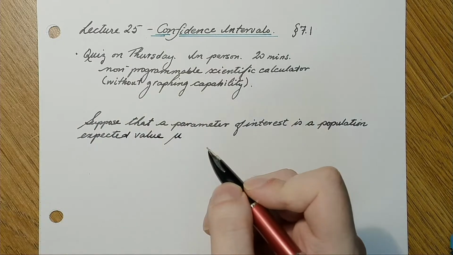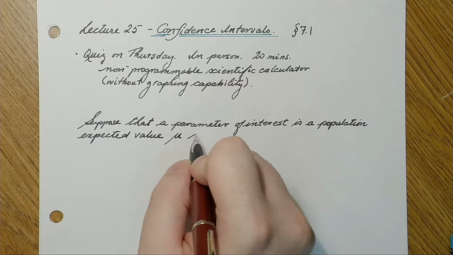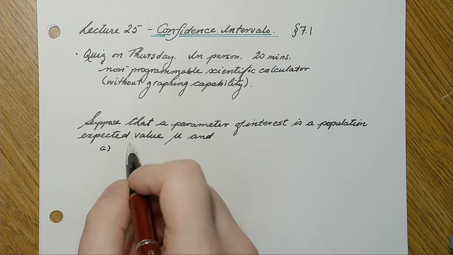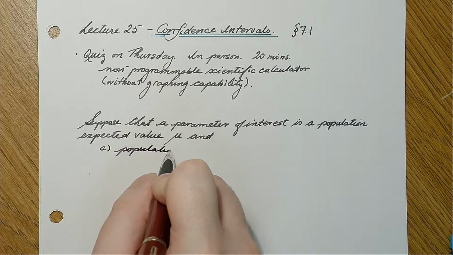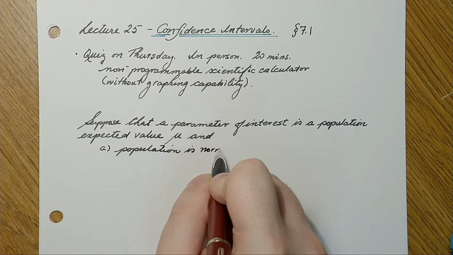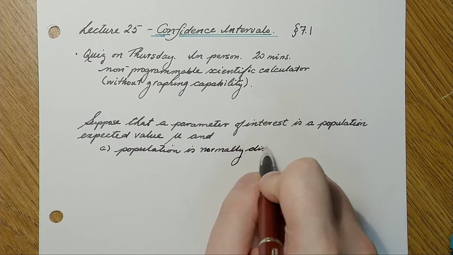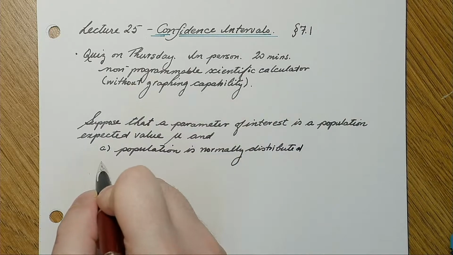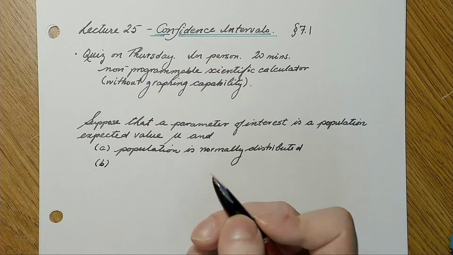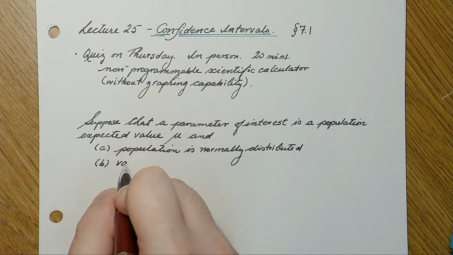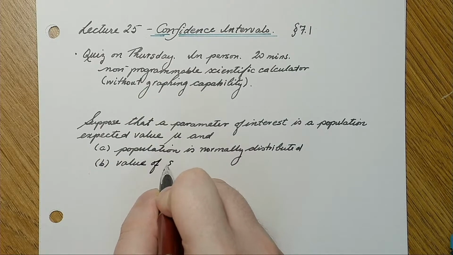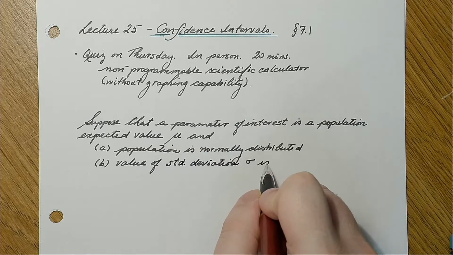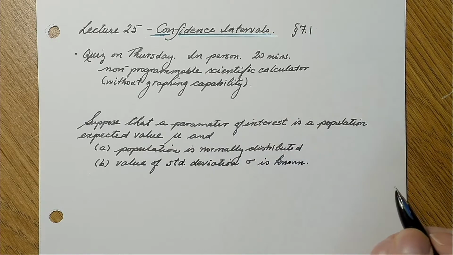We'll call that mu. We'll also make the other assumptions that the population is normally distributed, and the second one is that we know the variance or the standard deviation.